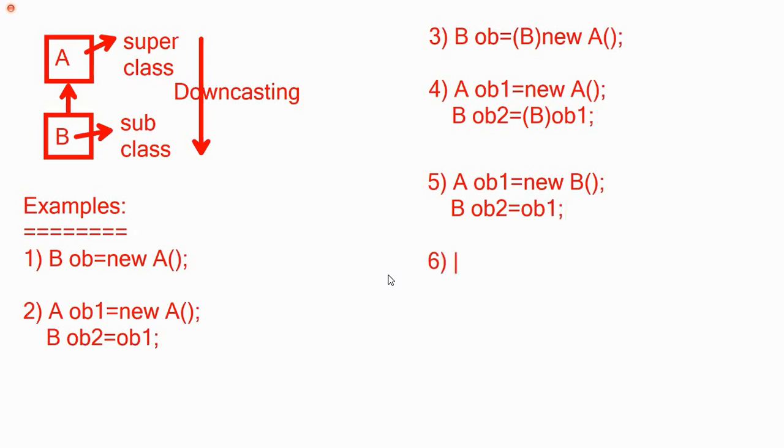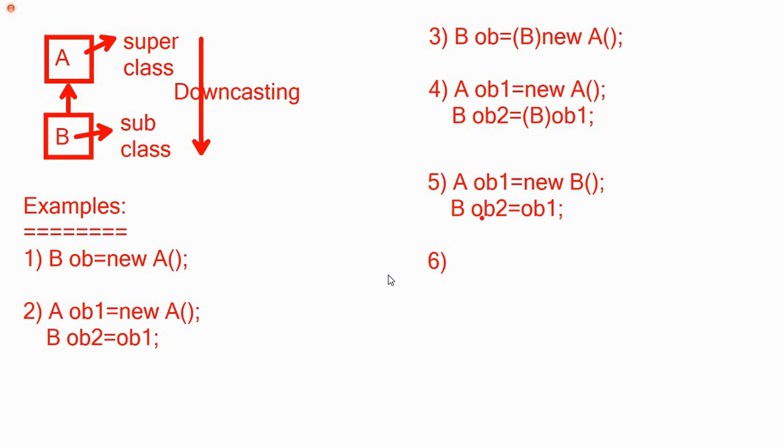Now you observe here, in the first line, which object is created? B object. In that object, A members and B members are all there. Assigned to OB1, it is upcasting or downcasting? It is upcasting. Here OB1 is assigned to OB2. OB1 is which type? A type.